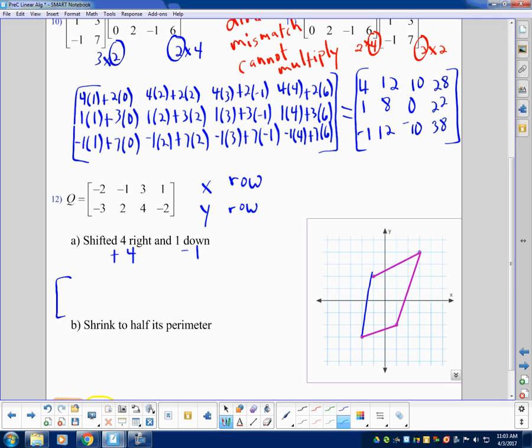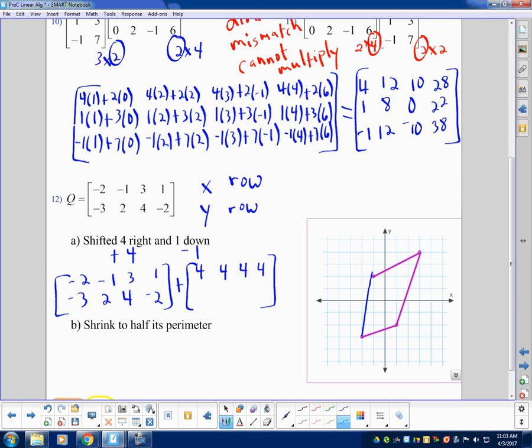So what I could do is take -2, -1, 3, and 1, and -3, 2, 4, and -2. And add to that, if I want to shift each x coordinate 4 right, I just need to add 4 to each x coordinate.